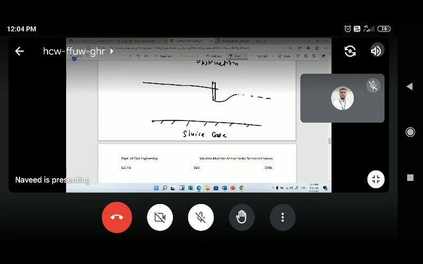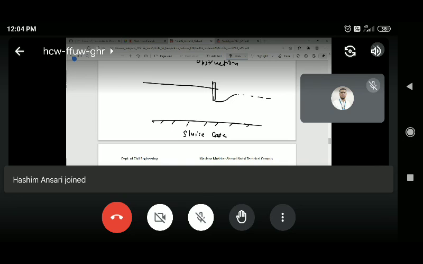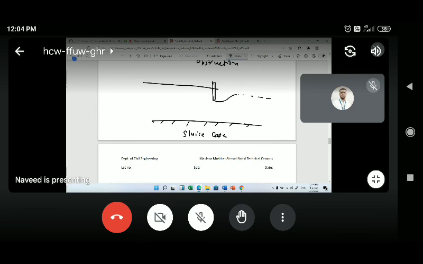Okay, so this is what today's lecture is all about. Our time is over. We will continue in the next lecture with the single step method to get the length of the surface profile, or you can say the direct method, and then we will go to another topic, the effect of a submerged object in the flow of water.